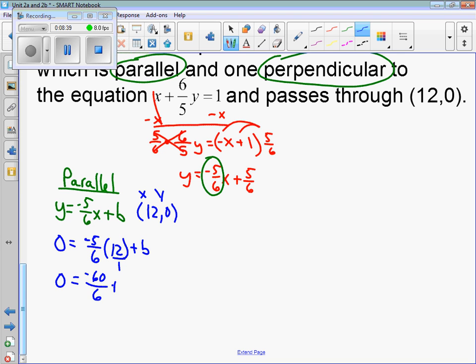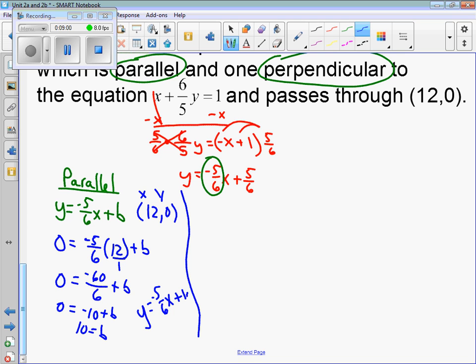And we have 0 equals negative 10 plus b. Adding 10 to the other side, you get the y-intercept to be 10. So for parallel, the equation is going to be y equals negative 5/6 x plus 10.